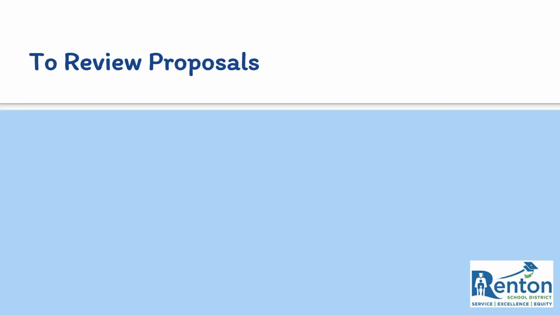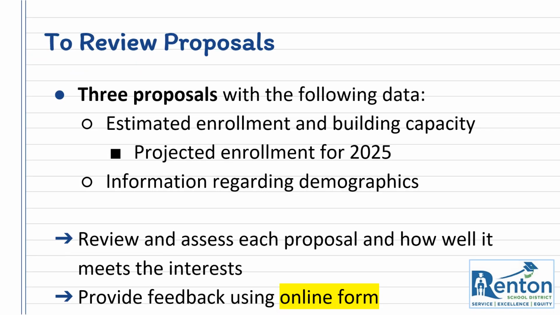I want to frame for you how we'd like you to review the proposals. There are 3 proposals that include the following data. The proposal includes estimated enrollment and building capacity for 2023, as well as projected enrollment and capacity for 2025.